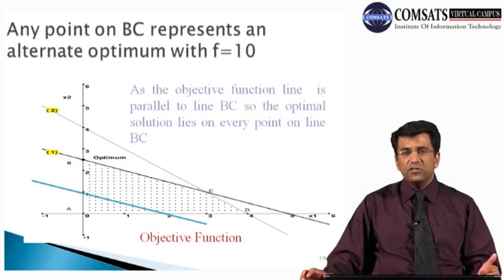So this was the situation which I was discussing, that in certain cases when our objective function line becomes parallel to any of our constraint lines, then this situation is referred to as alternate optimum.